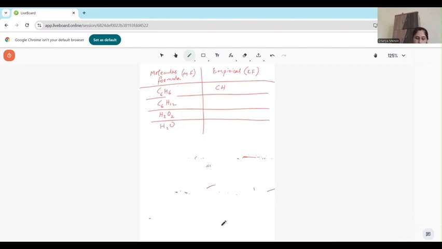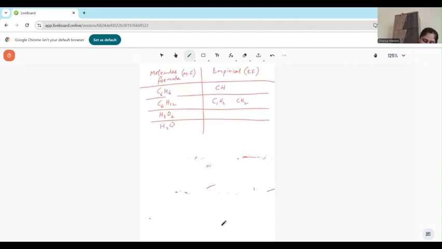After all, it's a ratio, 6 and 6. What about C6H12? Can we write it as C1H2? Instead, we don't write the 1. This is the simplified version, which is called the empirical formula, the simplest whole number ratio of different atoms.